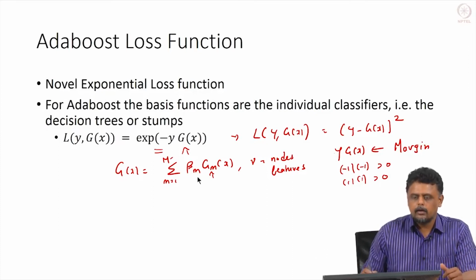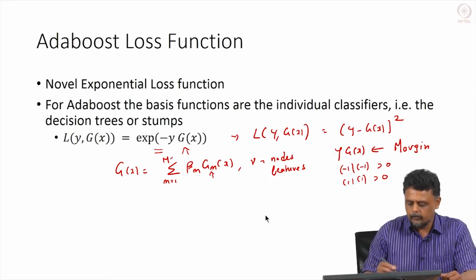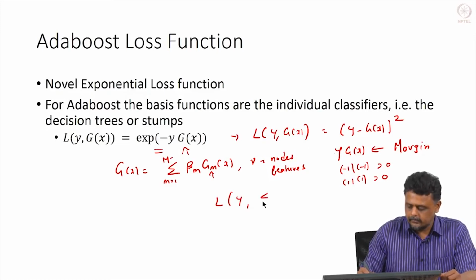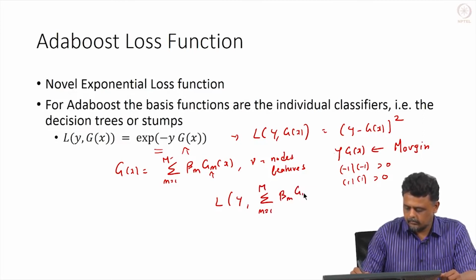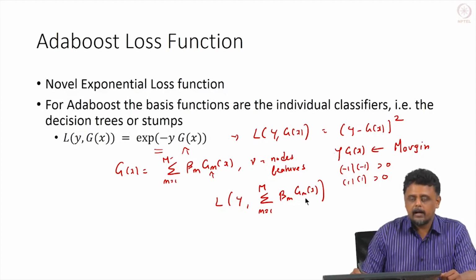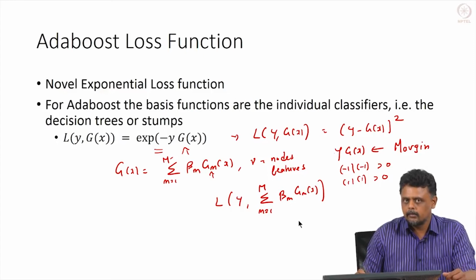So, this is the easier way. If you have a loss function which ideally takes as input the y and your model, then you will estimate all of the parameters for all of the individual decision trees, the weak learners, in one shot, but this is a difficult problem to solve.